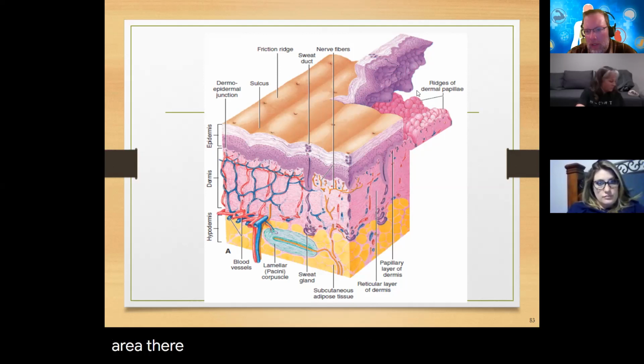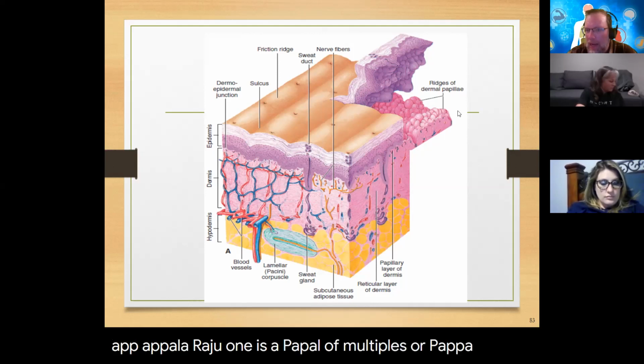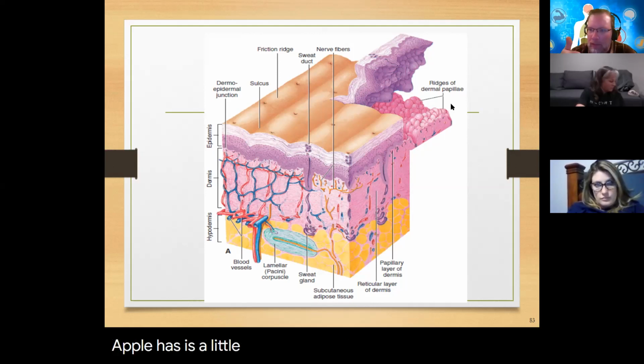So anyway, we also have what are called papillae. One is a papilla, multiples are papillae. A papilla is just a little hump or a bump. And these dermal papillae are going to connect at this dermo-epidermal junction.